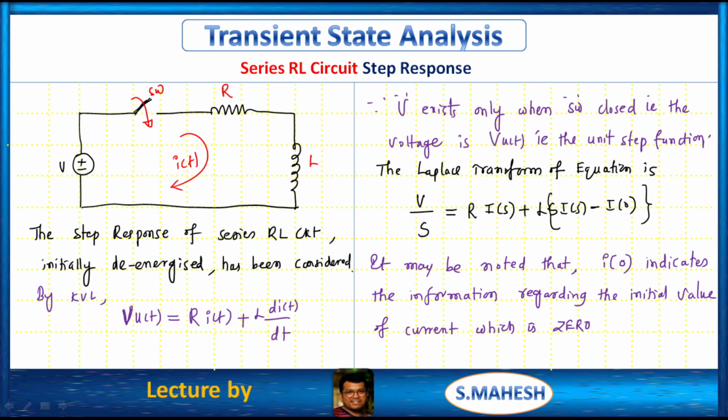Why is it 0? Because initially the circuit is de-energized. So i(0) should be equal to 0. Clear?